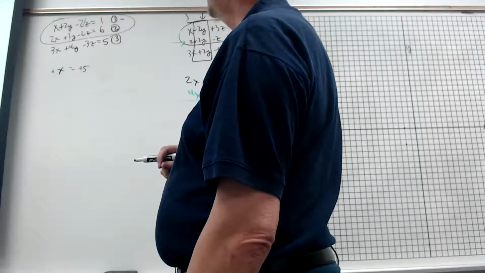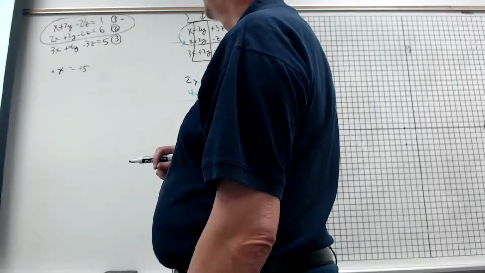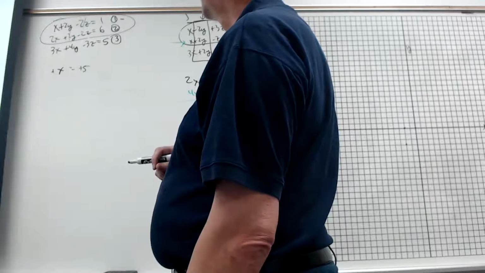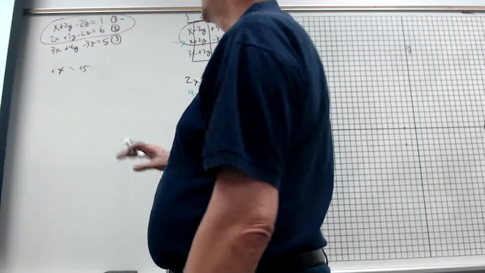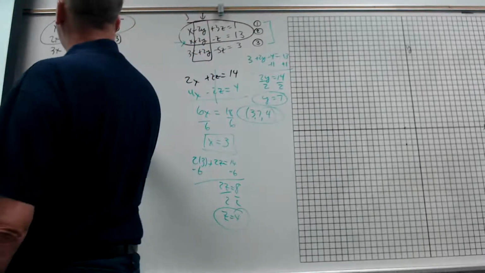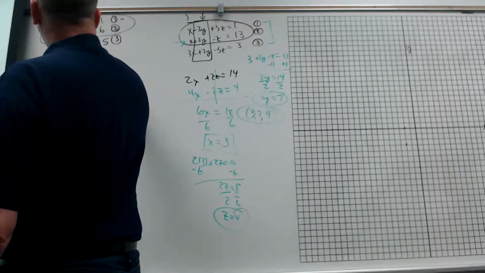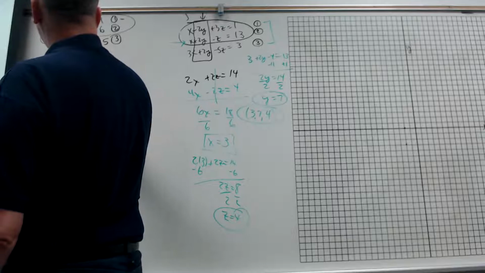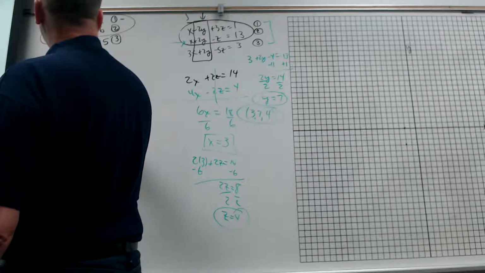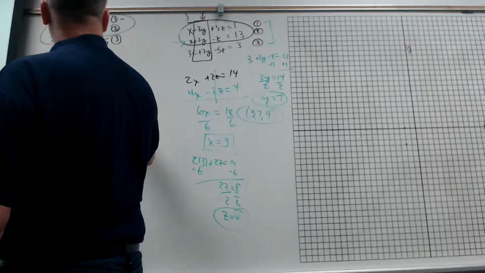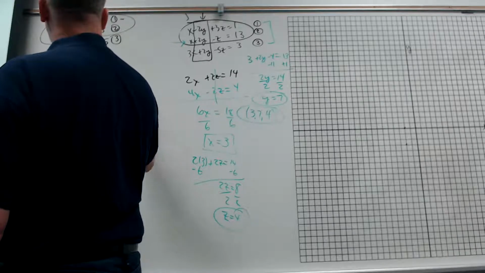I guess what we could do in this case is, I guess my rules don't apply this time, because now I can just plug this in, right? So in fact, I'm going to plug it in the bottom two equations. So that's going to give me 2 times 5 plus 2y minus 2z equals 6.